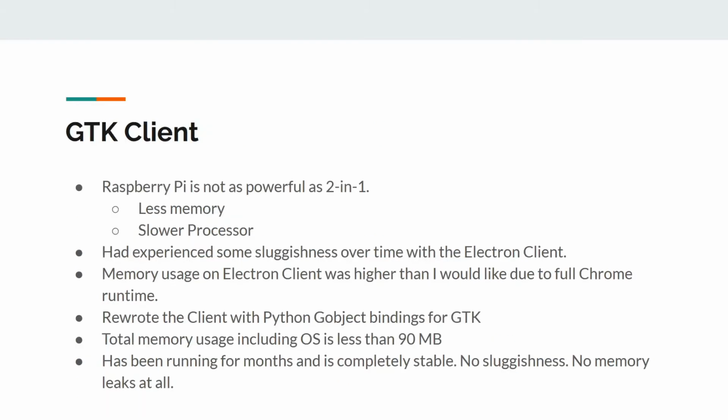So as great as the Raspberry Pi is, it's not without its limitations. The Raspberry Pi 3 only has 1 gigabyte of RAM. It's got a slower processor than the Dell 2-in-1s, and we had experienced some sluggishness over time with the Electron client, meaning the longer the client was running, it would start to get sluggish after like 3 weeks of continuous running.